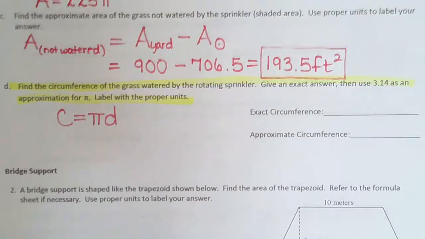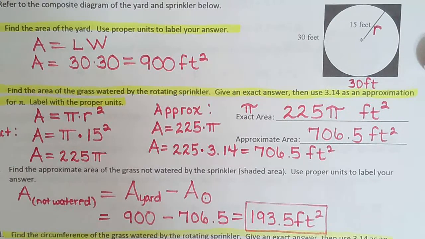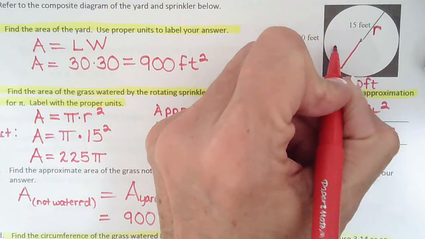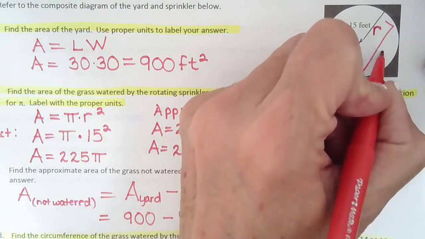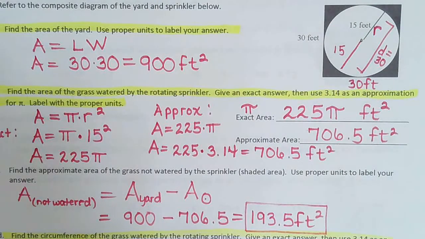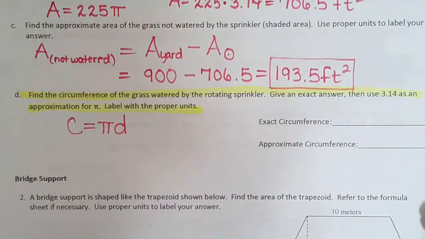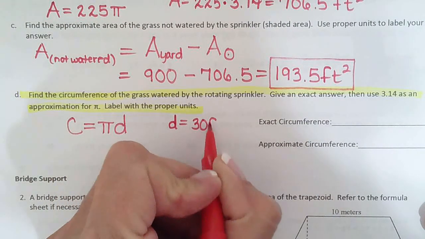So what is the diameter of that circle, by the way? That's 15 for a radius, and we add another 15 in. Does everybody agree that makes a diameter 30? Okay. So on the next video, we'll do that. So let's write diameter equals 30 feet and get ready for the next video.